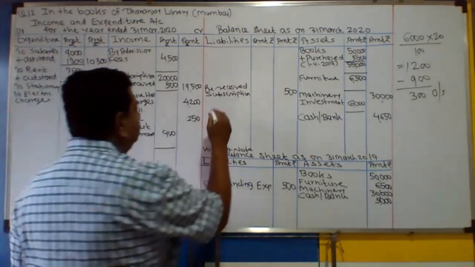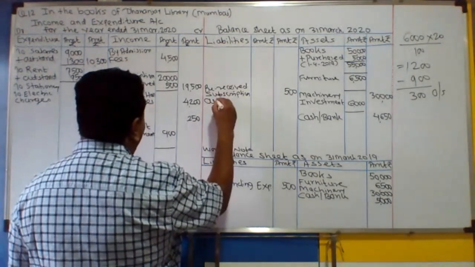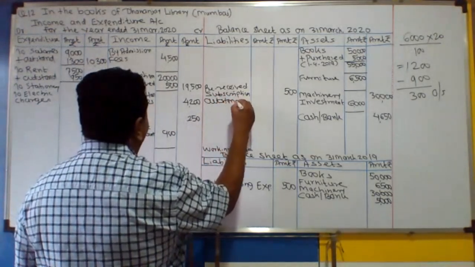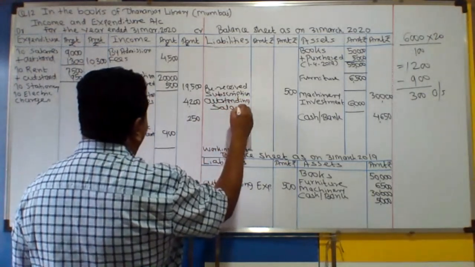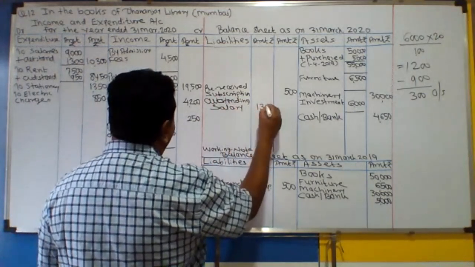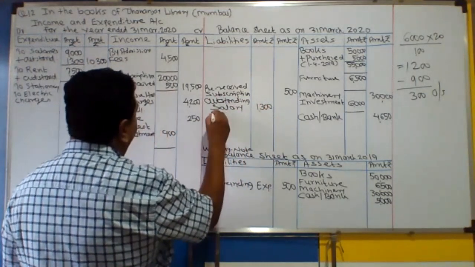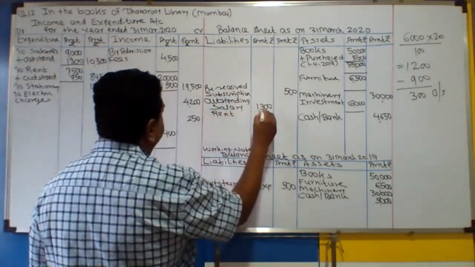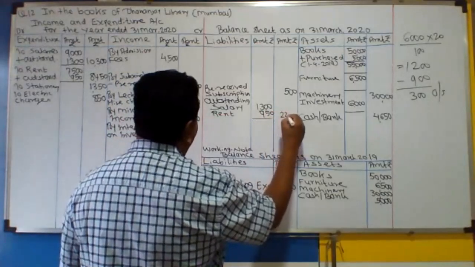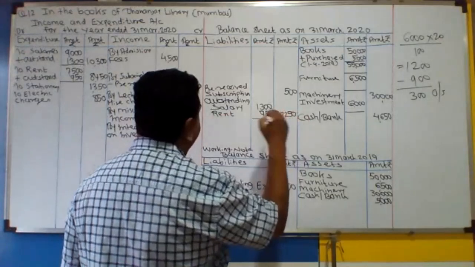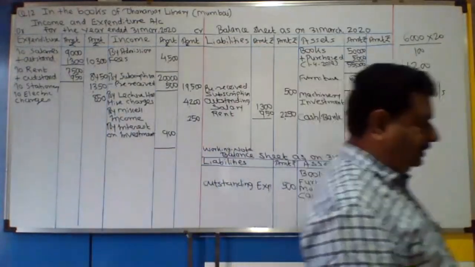And on the balance sheet liability side, outstanding salary 1,300, while the rent outstanding is 950. Total outstanding expenses are 2,250.